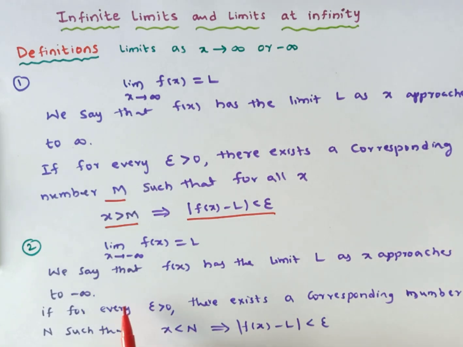Whereas in the second definition x approaches minus infinity, so if we choose any number, x should always be less than that number. So x is less than M, that means the value of x is very small, so that will be minus infinity. Infinity indicates an unknown value, towards the negative side.